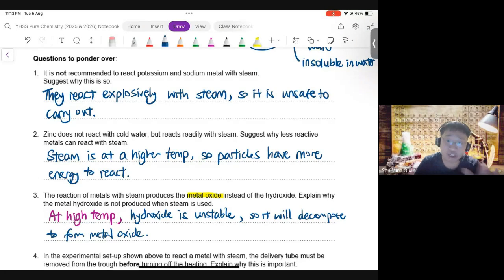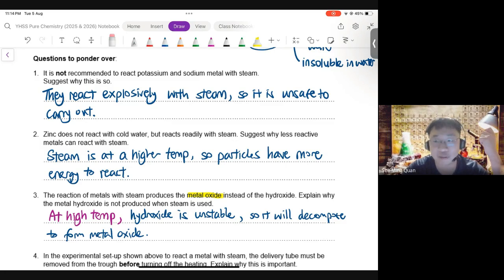Now, this is actually a rule, okay? All metal compounds with oxygen in them will decompose to form the oxide when heated, all right? Most of the time, anything with oxygen in it, whenever you heat it up to a high temperature, it tends to decompose to the oxide. There are some exceptions, okay?